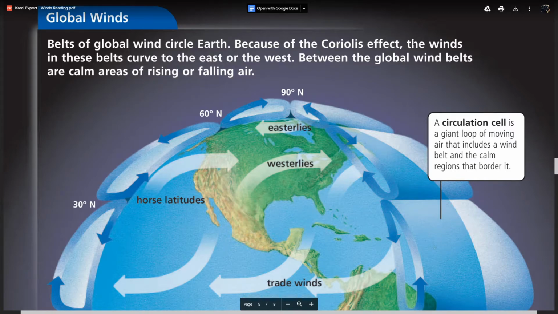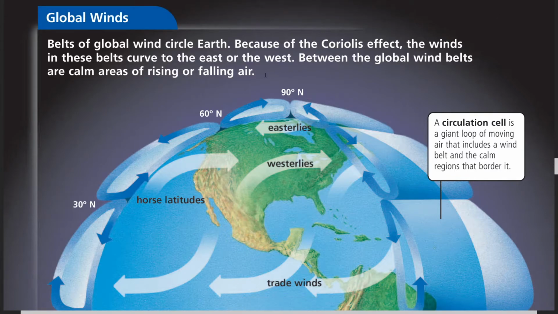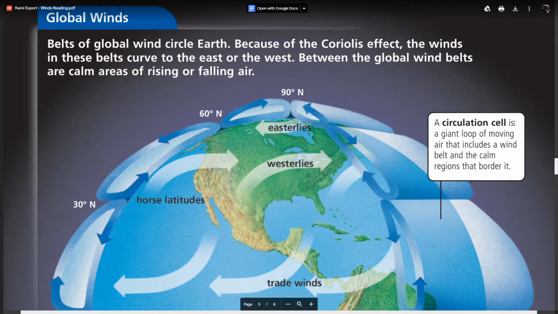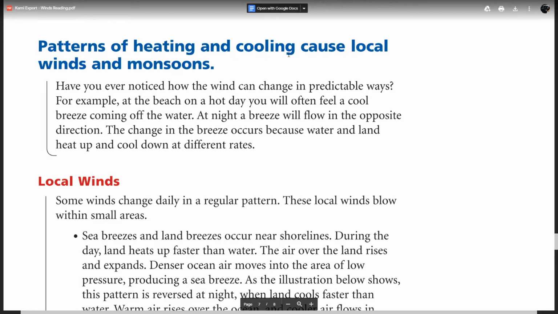Because of the Coriolis effect, the winds in these belts curve to the east or the west. Between the global wind belts are calm areas of rising or falling air. A circulation cell is a giant loop of moving air that includes a wind belt and the calm regions that border it.